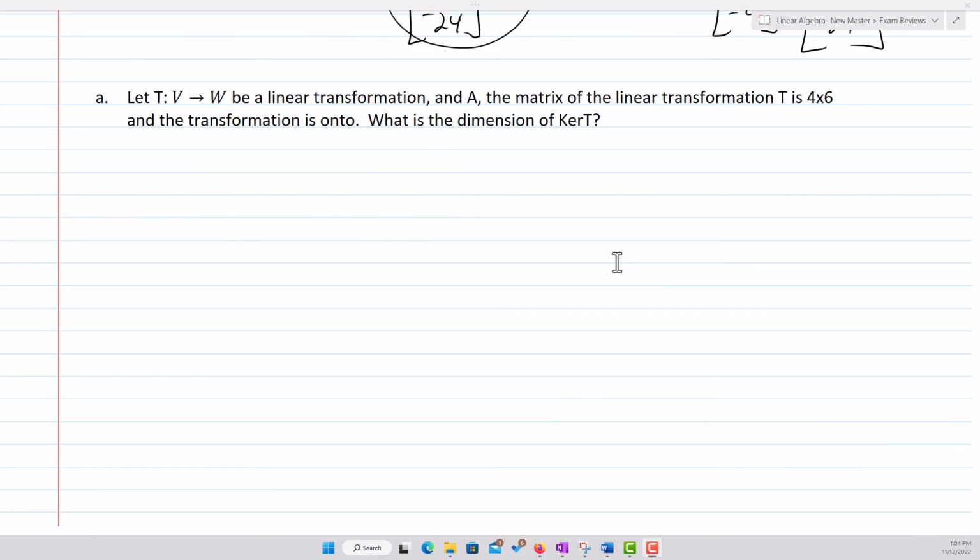So we're going to let T from V to W be a linear transformation, and A, the matrix of the linear transformation T, is 4 by 6, and the transformation is onto. What is the dimension of the kernel of T? So we're going to use the general rank nullity again.